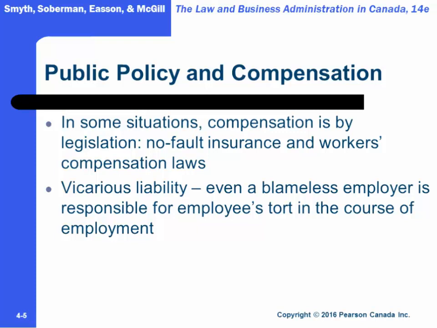Figure 4.1 illustrates that. And beside the box that has the B in it, B as in baby, you should write even a blameless employer. Even a blameless employer. And make a note to yourself to study the words that are underneath that diagram, figure 4.1.